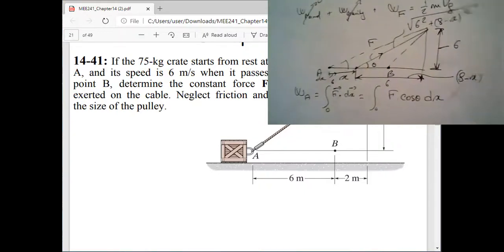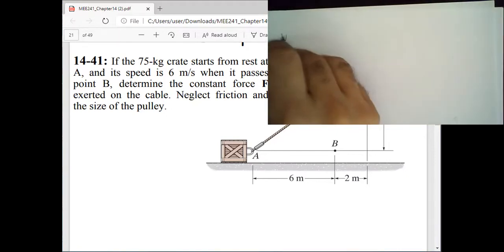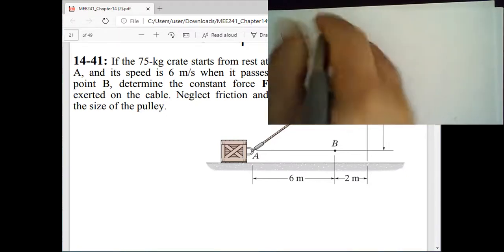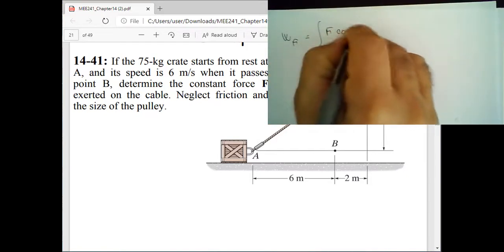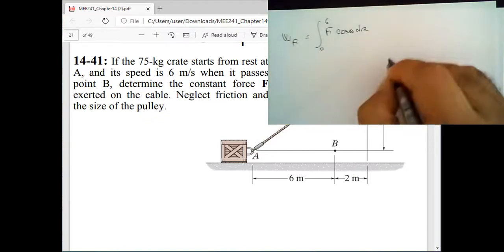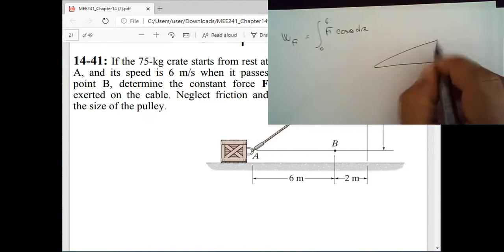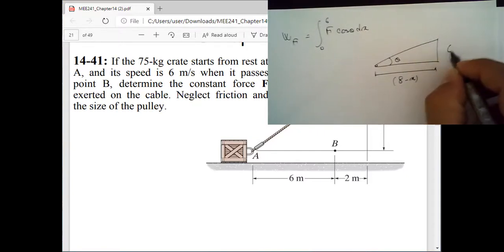Okay, so what is that integration going to be equal to? I'm going to continue it here. We said the work of the force F is going to be equal to the integral from 0 to x of F times cosine theta dx. At any instant, when you have an angle theta, after you have moved by a distance x the remaining distance is 8 minus x, and this distance right here will never change.